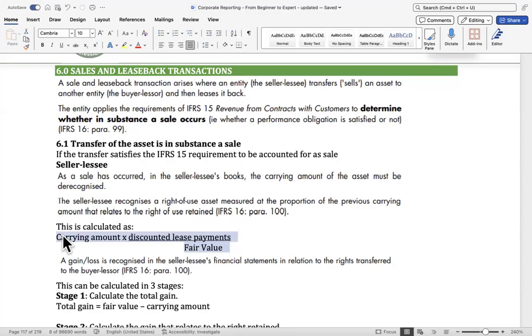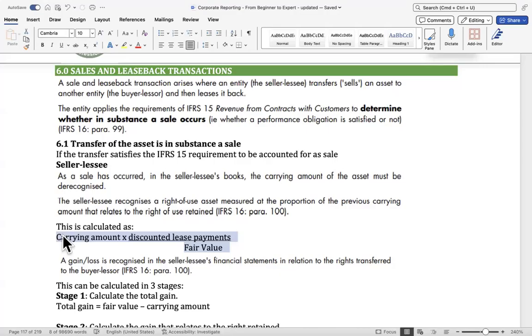Again, when it comes to sale and leaseback, IFRS 15 will come in, because the first assessment we need to make is: is this sale actually a sale? Because we are wondering, why did you sell an asset when you still need it back? So we believe he's just trying to be smart.